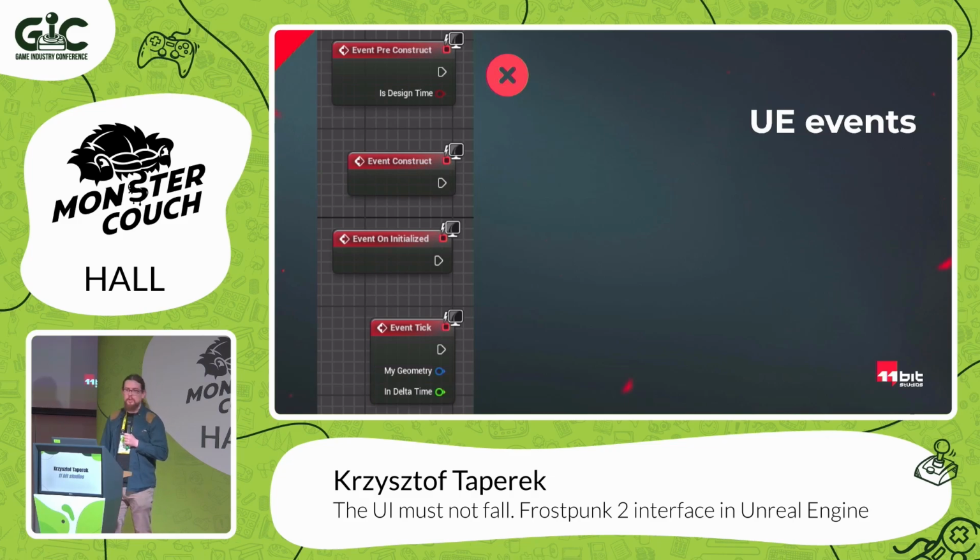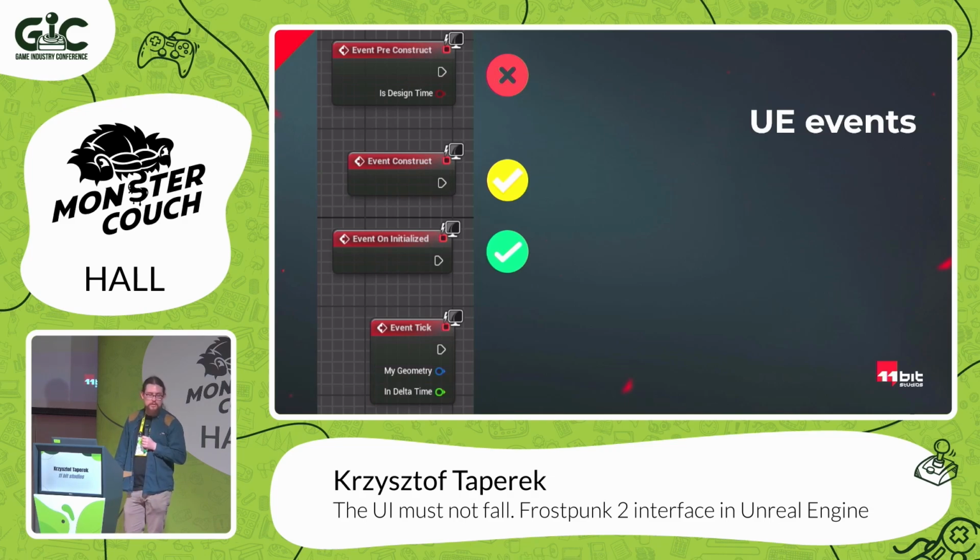Next in the flow is called Construct. This will be called a few times during the construction flow, so we are using it only for cheap visual-only operations. If you want to change some property of a widget, you can do that here, but we still try to avoid that. And the most useful from them, OnInitialized, which is called only once, and we're using it for binding all events, setting everything from the gameplay.